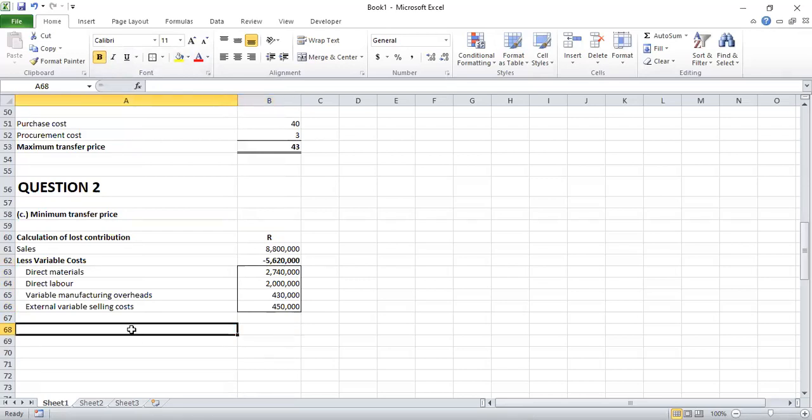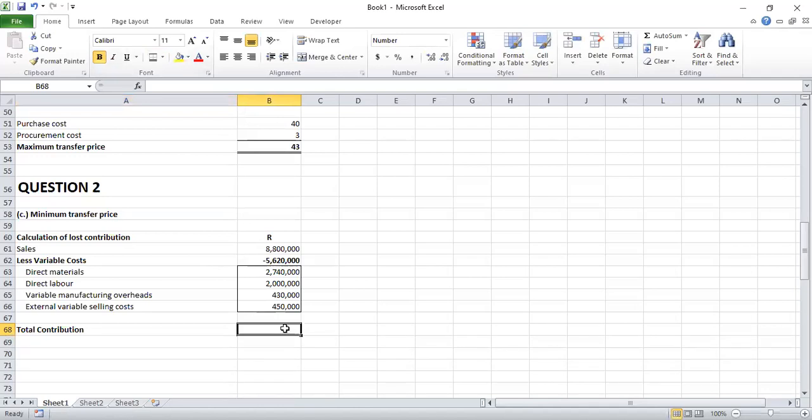Right. Then we get our contribution. Let me just call it total contribution. We know that this contribution is for how many units? It's for 10,000.